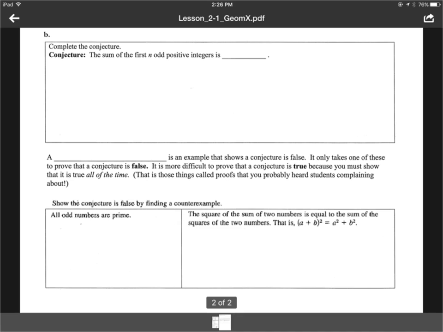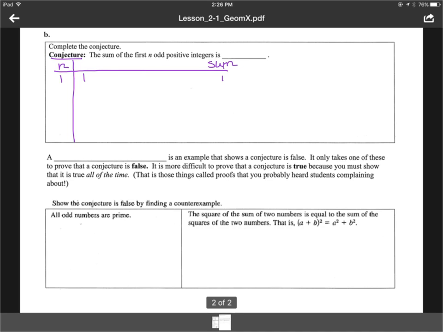All right, so for this conjecture here, we're trying to figure out the sum of the first n odd positive integers. We're going to make a little table here. So let's say that our first column is n, and then we're going to add the numbers, and at the end we're going to try to figure out a formula for the sum. Okay, so the first odd positive integer is 1.